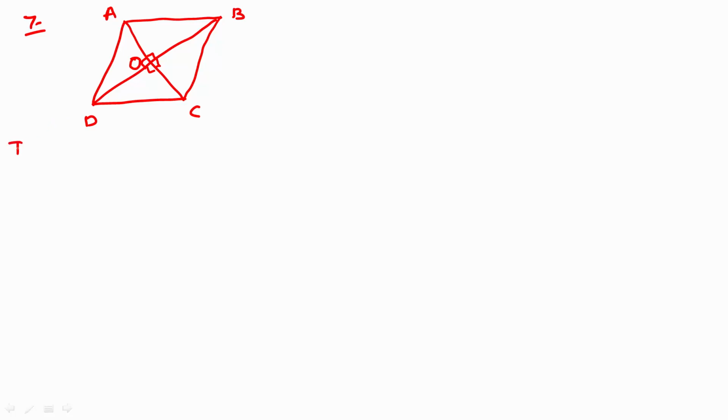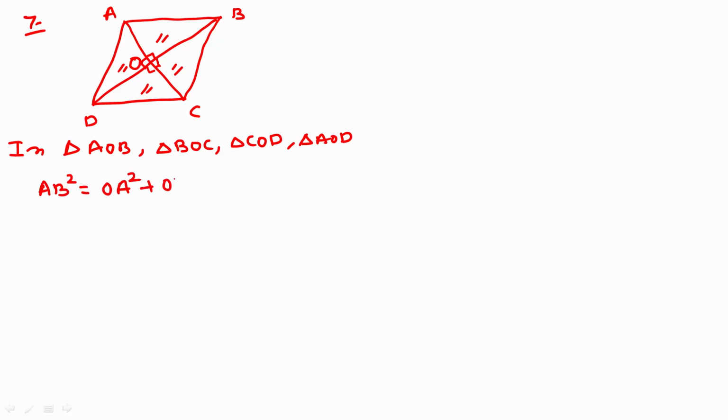So in triangle AOB, triangle BOC, triangle COD, and triangle AOD, apply the Pythagoras theorem in each triangle. In triangle AOB, the hypotenuse square, that is AB square, is equal to OA square plus OB square.